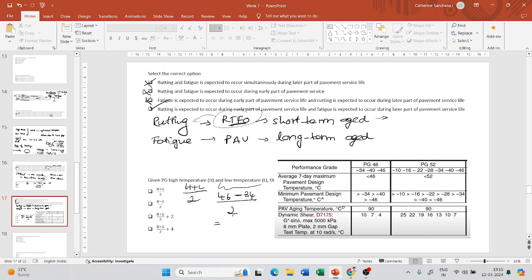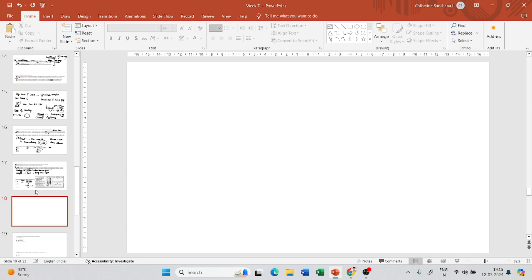So what is this? 46 minus 34 is 12, by 2, which is 6. Okay, do you see 6 here? This is the value corresponding to minus 34, this is corresponding to minus 40, and this is corresponding to minus 46. Do you see 6 here? No. So this is not the answer.